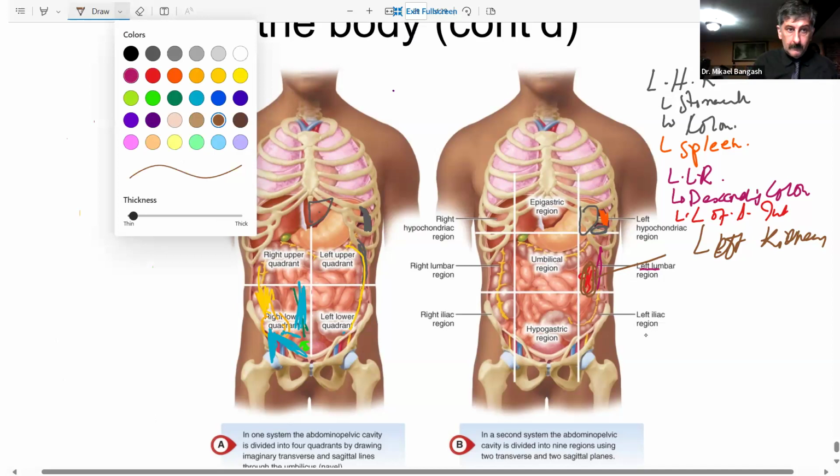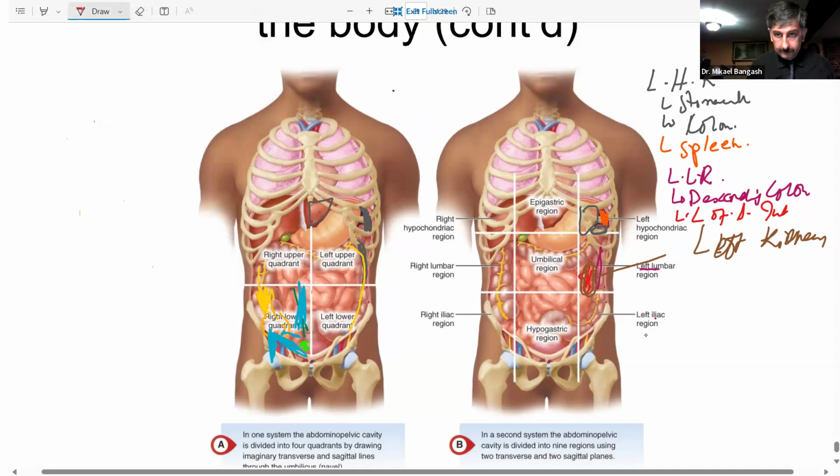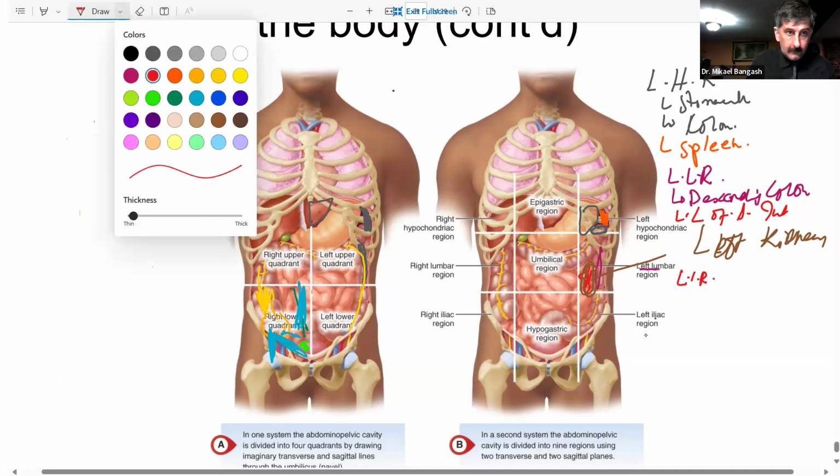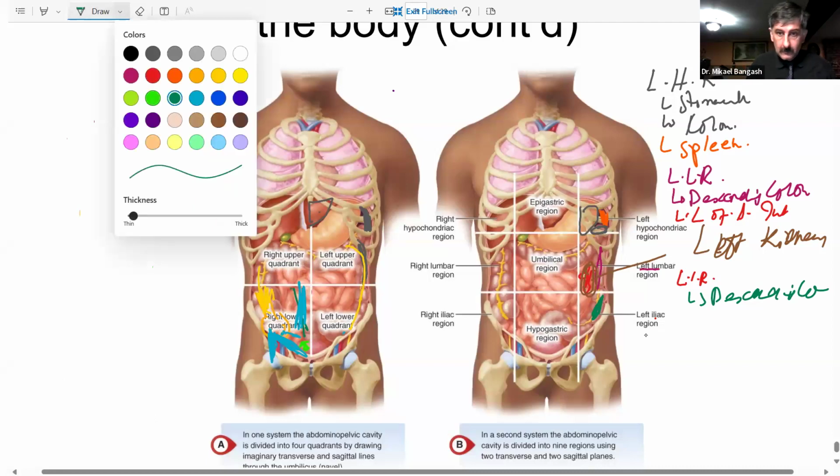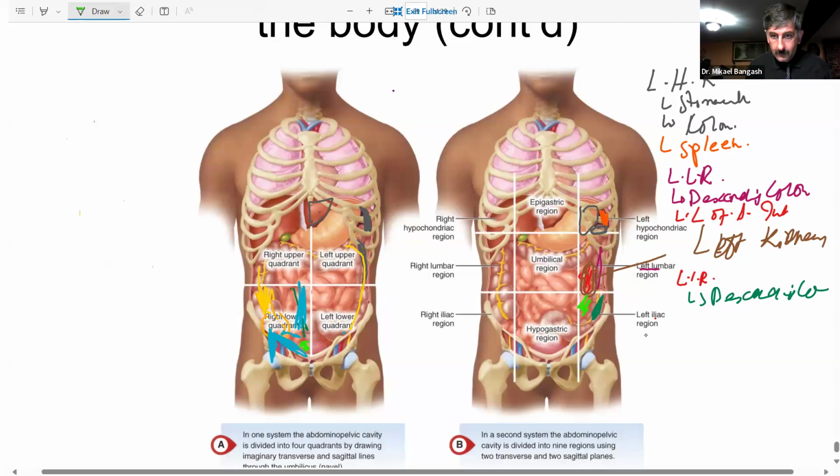Next is going to be the left iliac region. Here we will still have descending colon, and loops of the small intestine.